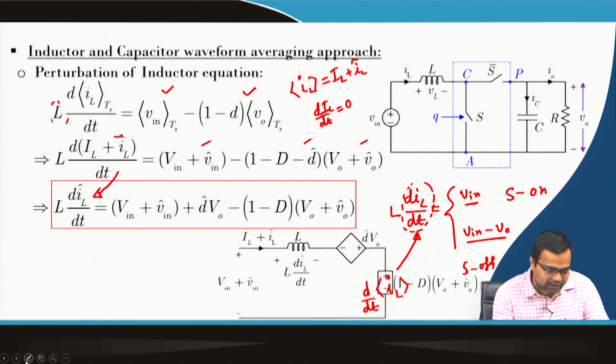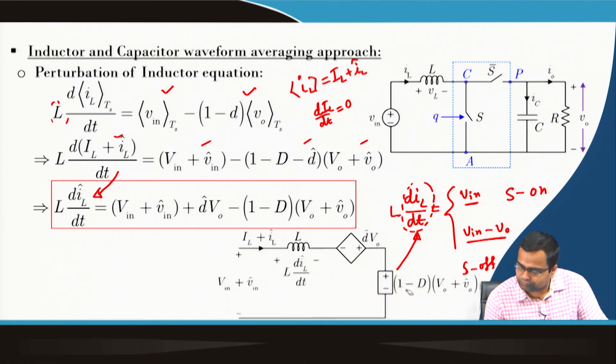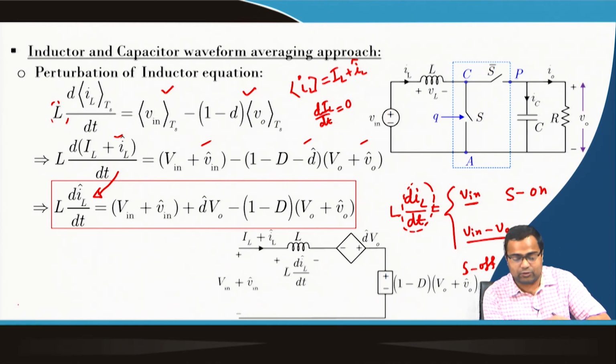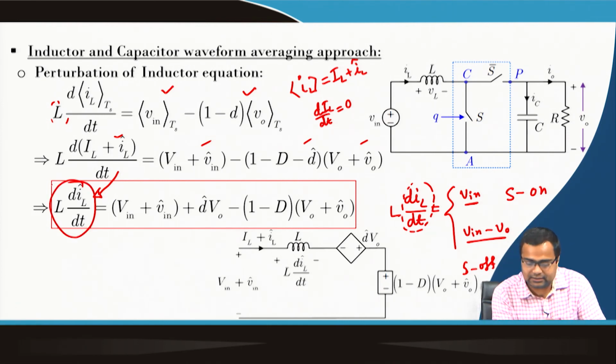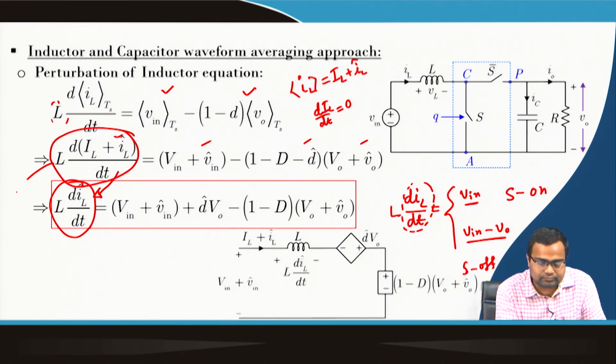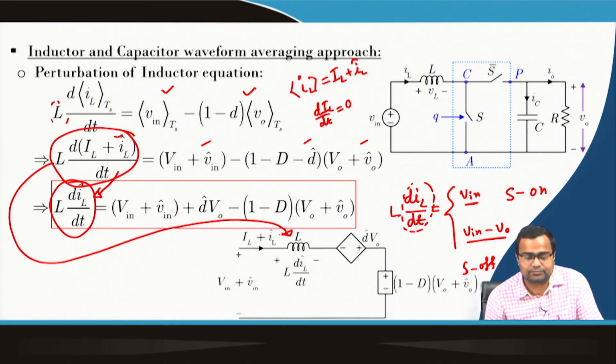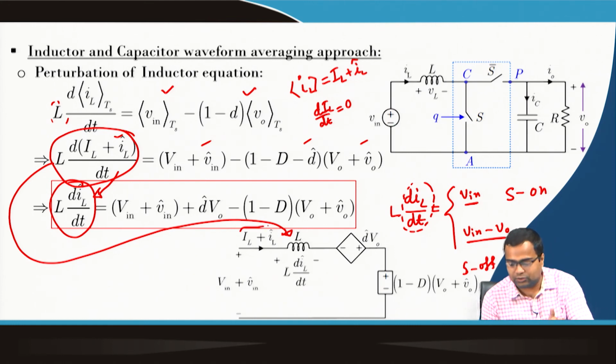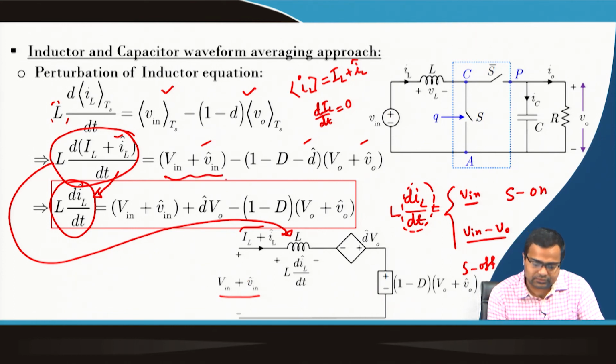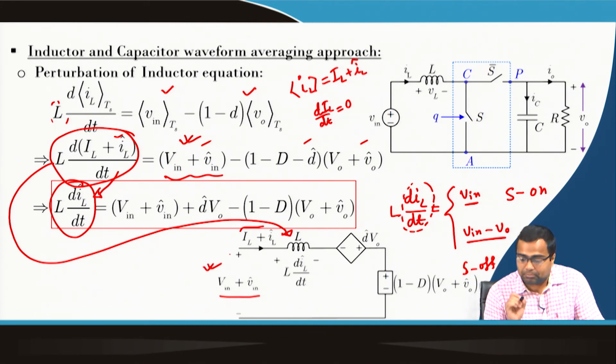And here, from this equation we can draw the equivalent circuit, that means L dI_L/dt. In fact, you can consider this model itself. This will be the dynamics of this inductor, which is the current dynamics. This is equal to V_in minus this term. That means if I take this particular term, minus, it is divided into two parts.